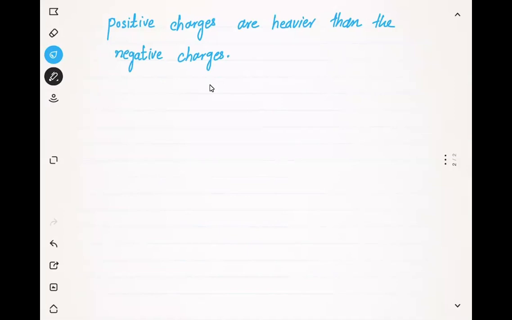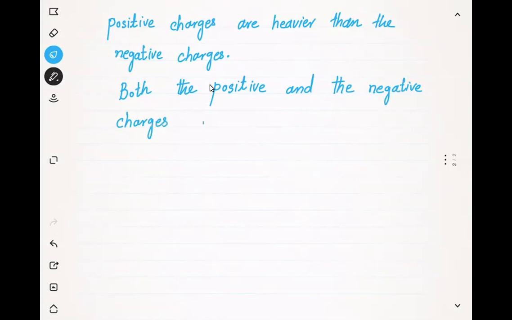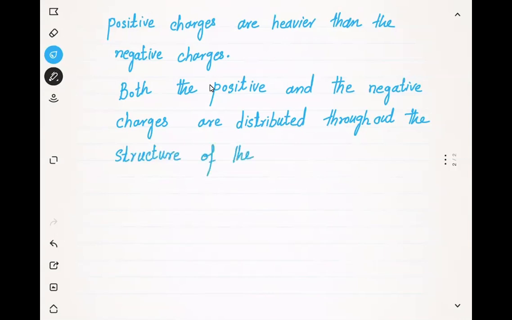And the plum pudding model was that both the positive and the negative charges are distributed throughout the structure of the matter.